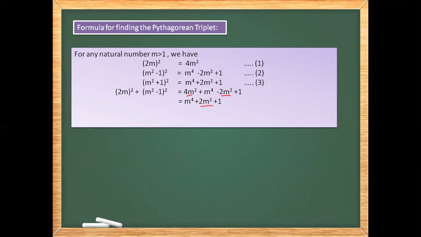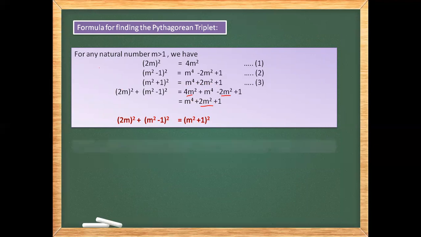Now can you say that this is equal to the third statement? The RHS is also m raised to 4 plus 2m square plus 1. So the sum of the squares of these two numbers is equal to the square of this number.